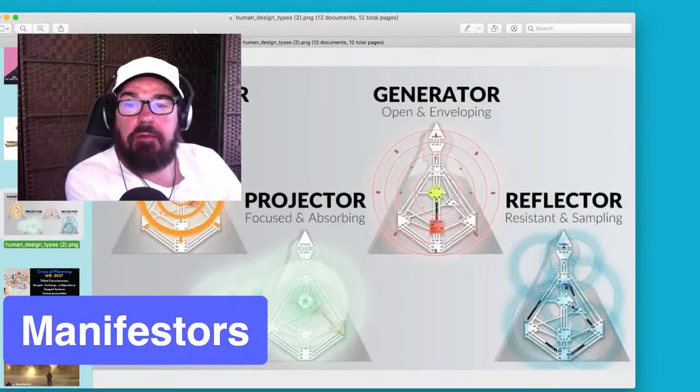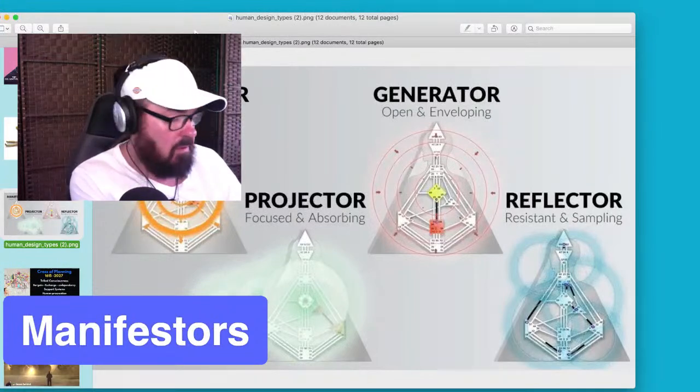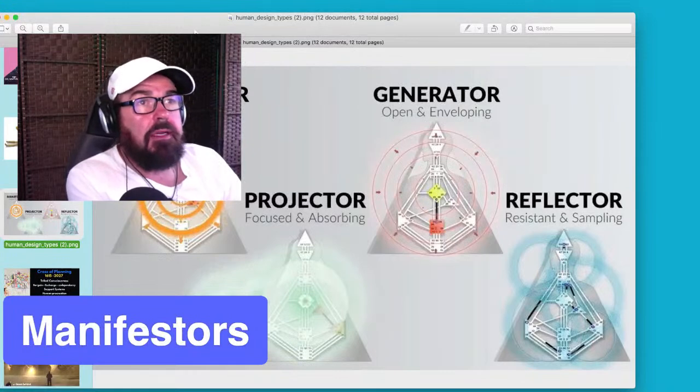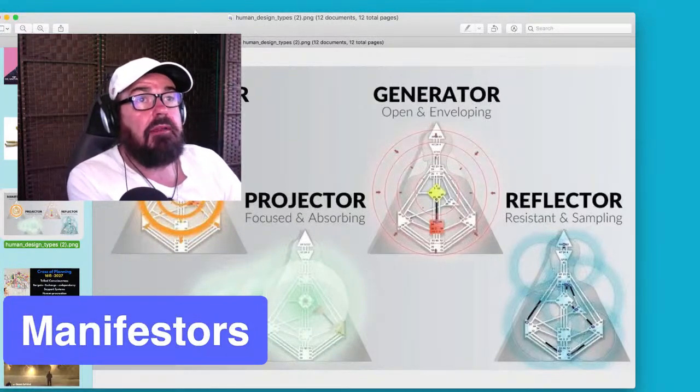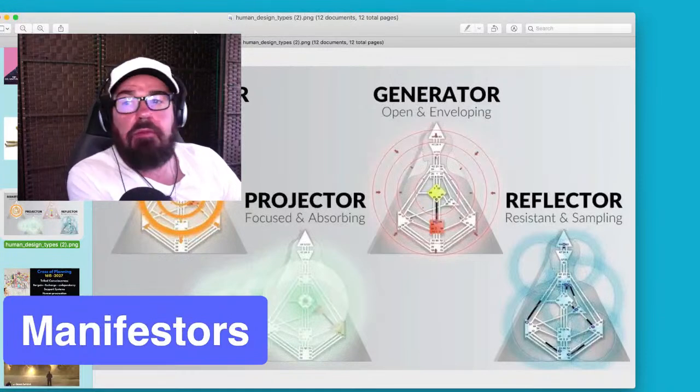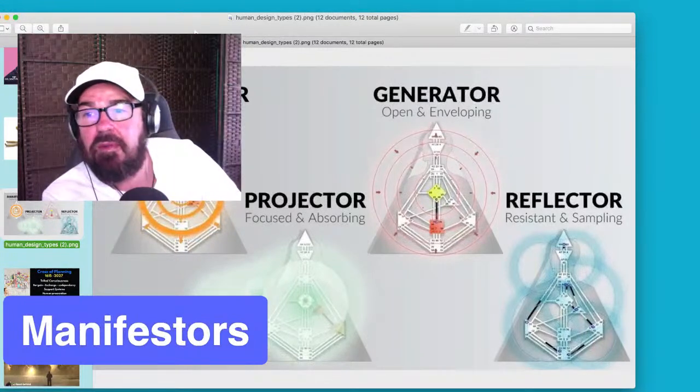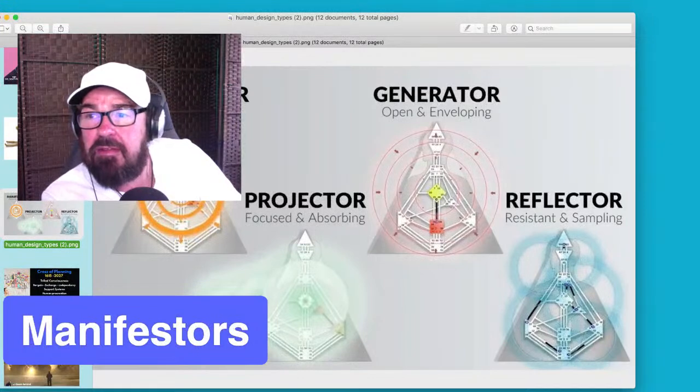What we got for the manifestors. Closed and repelling auras, because they're here to move energy. They're here to receive divine inspiration, right? Intuitive downloads. Go here, do this.